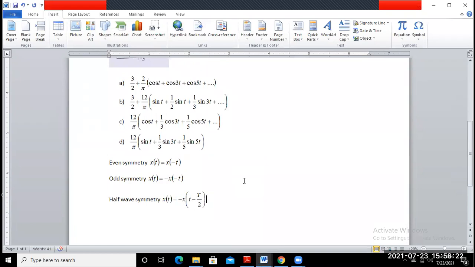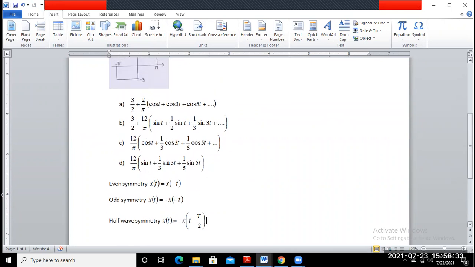Let me see. Even symmetry: the cosine function is your even term. That means when even symmetry is followed, even terms are present in the trigonometric Fourier series, that means cosine terms.